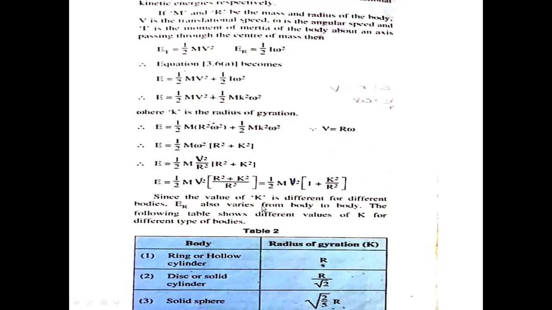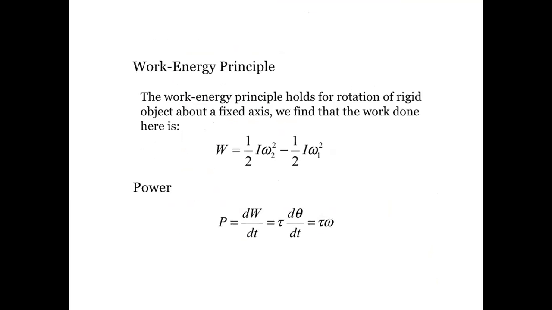By replacing the value of k, we are able to find the expression for kinetic energy of a rolling body. For a ring or hollow cylinder, the radius of gyration is r. For a disk or solid sphere, the radius of gyration is r by root 2. By replacing this value, we find the final expression for kinetic energy of a rolling body.